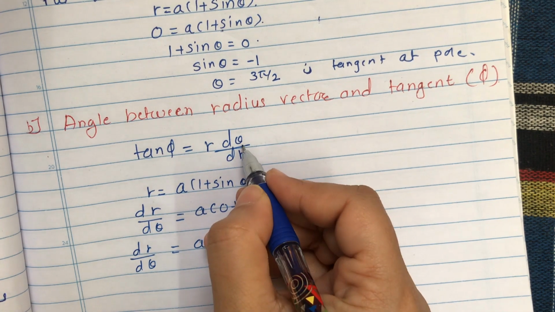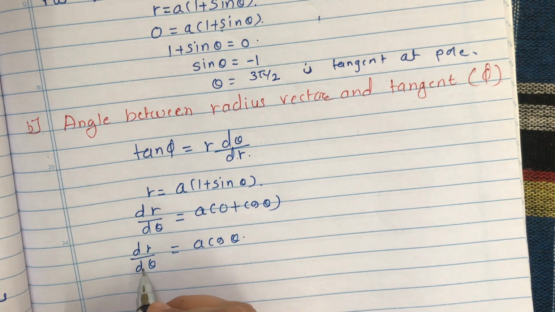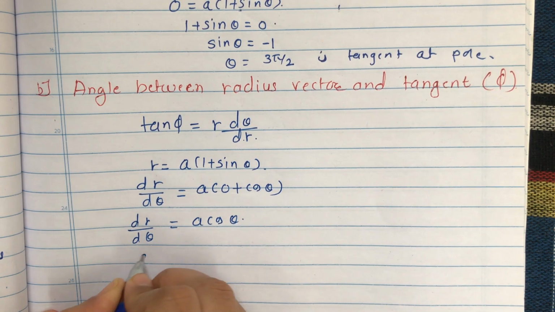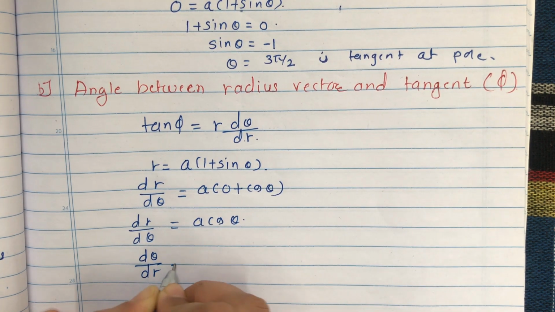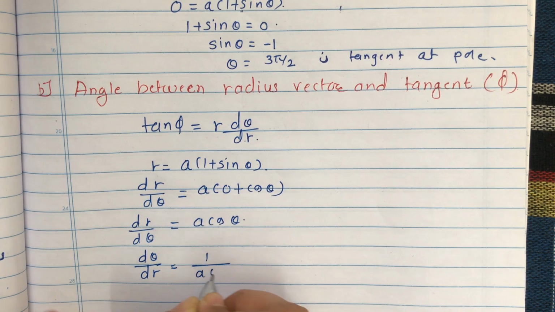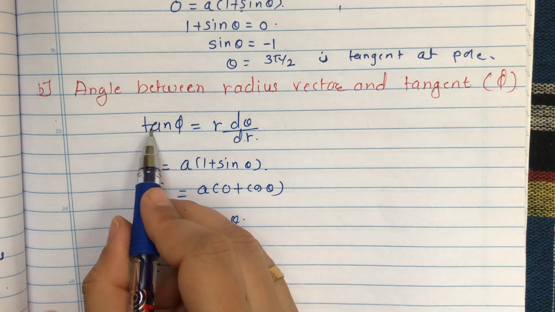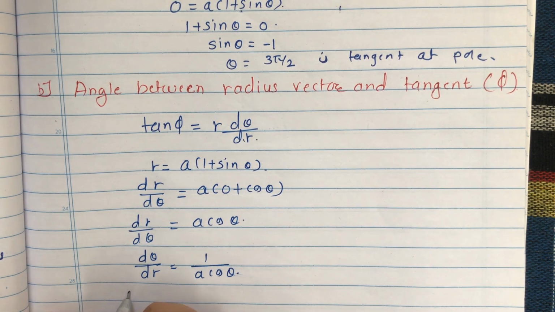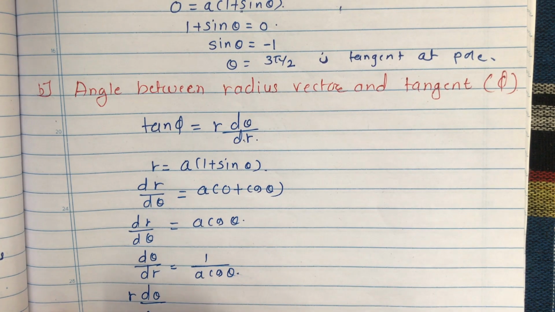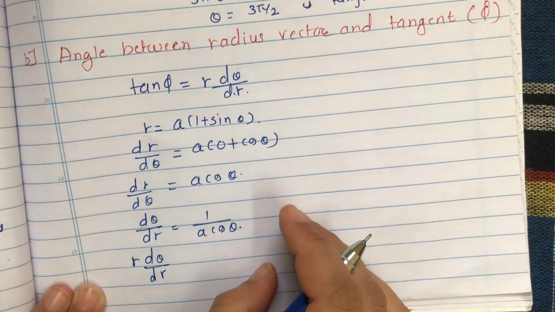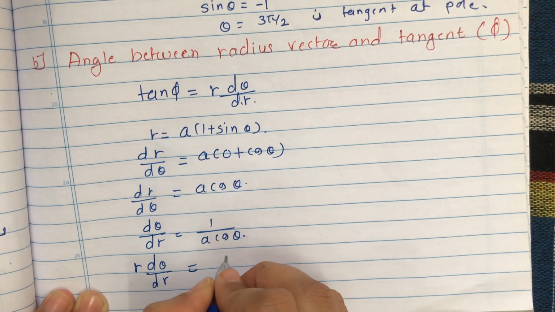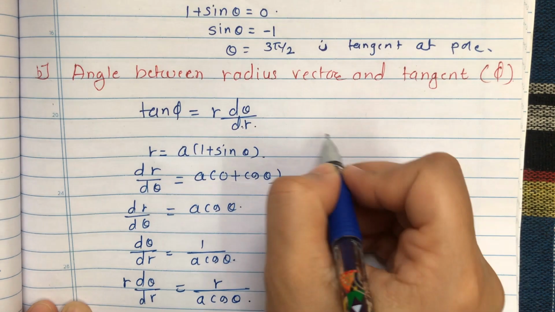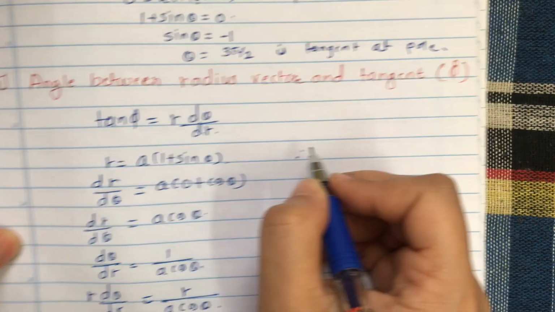Now we will require d theta by dr, so we will take a reciprocal, so d theta by dr is equal to 1 upon a cos theta. Now tan phi is equal to r into d theta by dr, so multiply here by r, so r into d theta by dr is equal to r divided by a into cos theta.